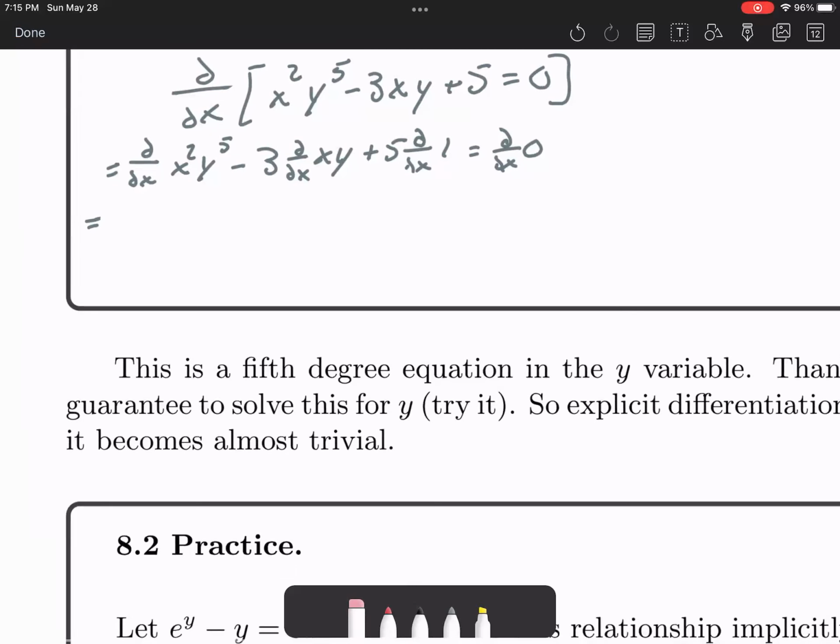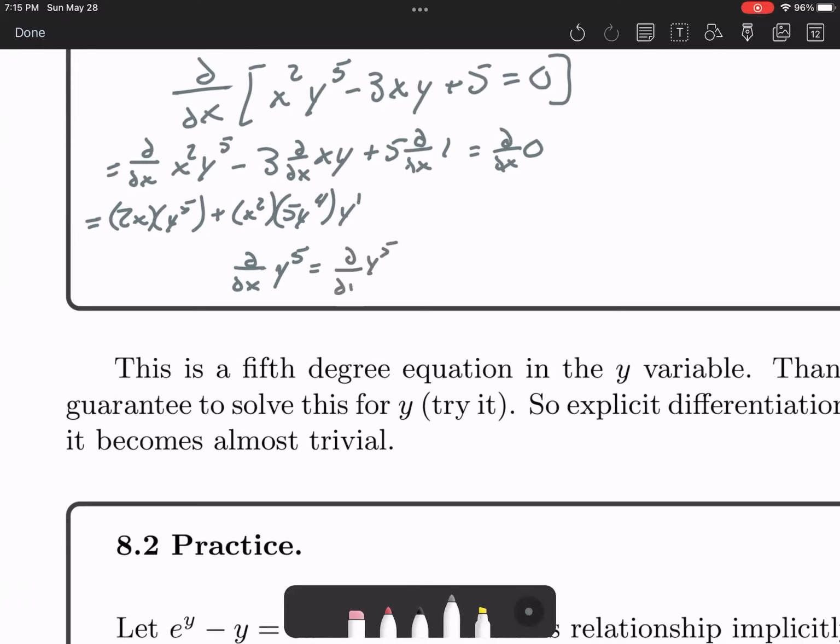And when we differentiate that product, we get the derivative of the first term times the copied second term plus the copied first term times the derivative of the second term. Now, notice what I just did there. When you differentiate with respect to x y to the fifth, it's a chain rule. You first have to differentiate y to the fifth with respect to y, right?